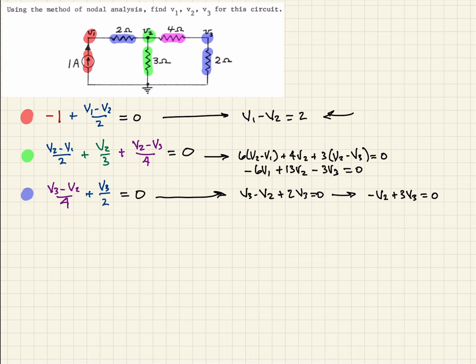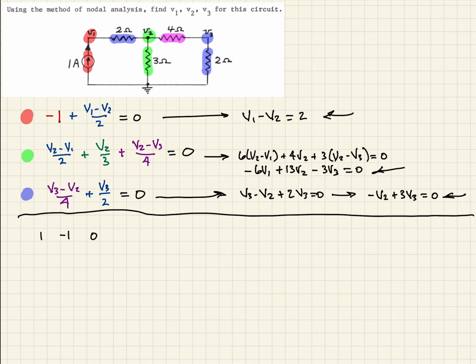So here are our three equations with our three unknowns. Now it just becomes a linear algebra problem. We can write the matrices for these if you like. That would be 1, minus 1, 0, and then minus 6, 13, minus 3, and then 0, minus 2, minus 1, 3.